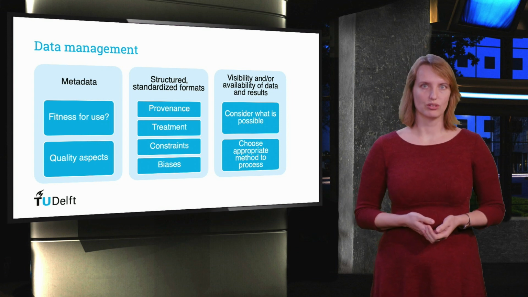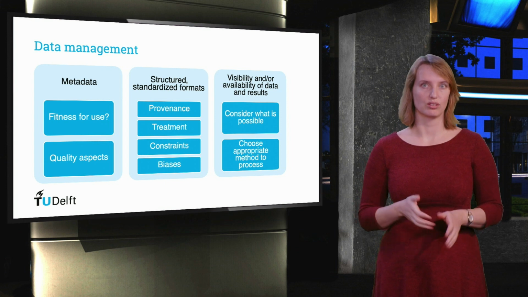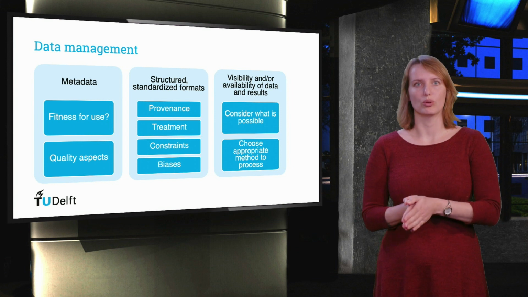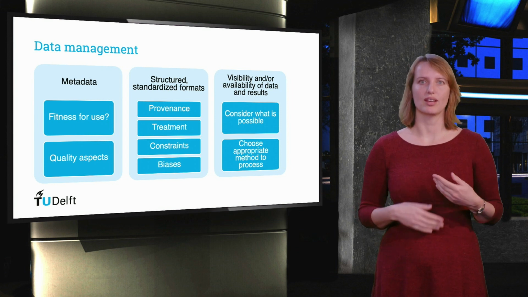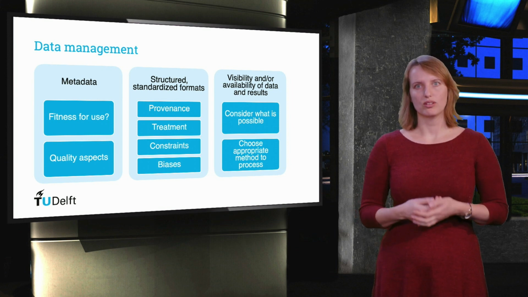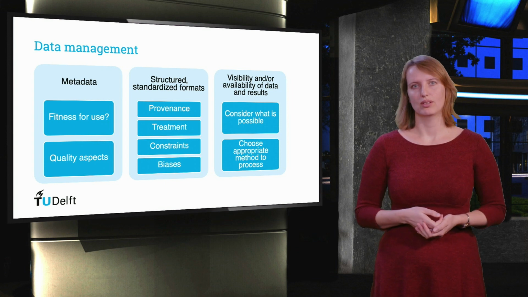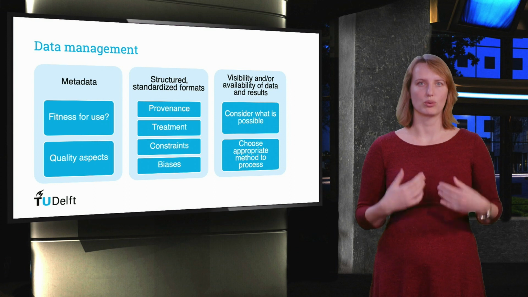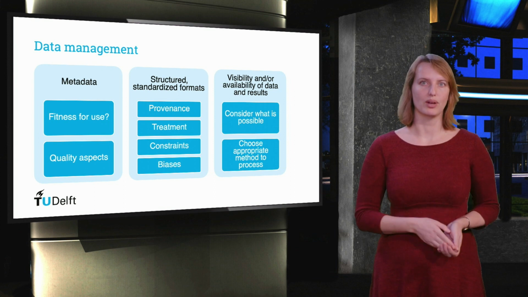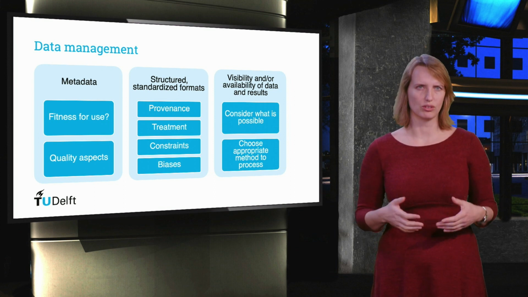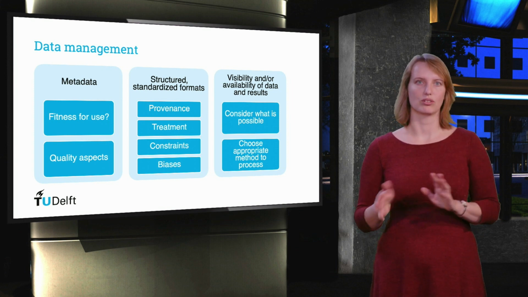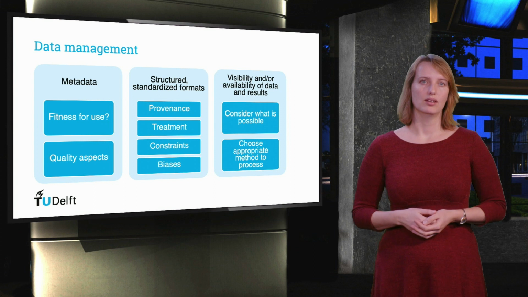For secondary users of data to be able to assess fitness for use, they must be able to efficiently filter, sort, and select particular datasets that satisfy the quality criteria for their purpose. To accomplish this, you should therefore ensure the metadata describes the quality aspects of the data as comprehensively as possible in a structured, standardized format, including its provenance, treatment, constraints, and biases.